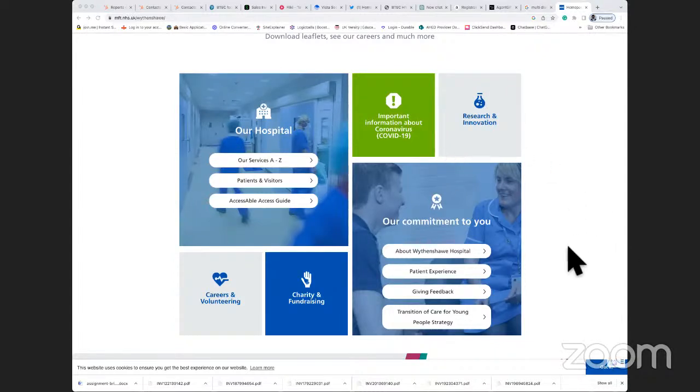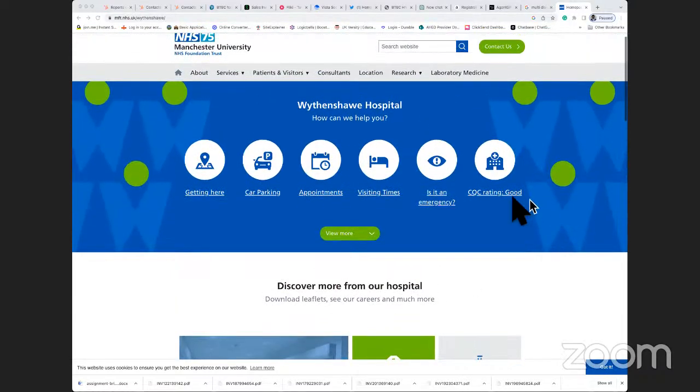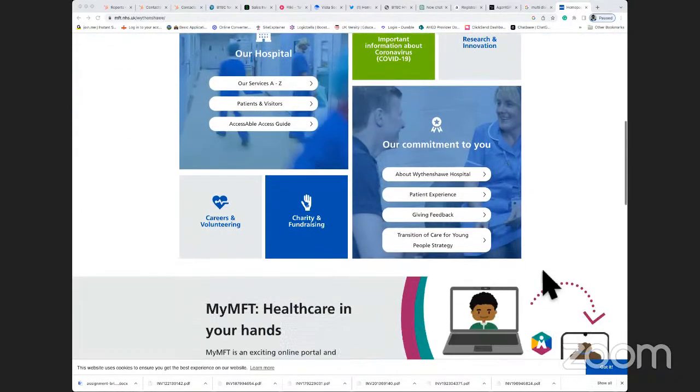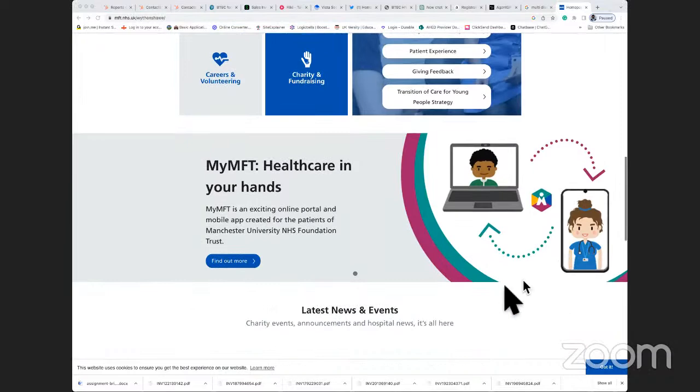So if I just show you the homepage itself, you are able to get a sense of how partnership is working. Research and innovation, you look at volunteering, you look at charity, you look at the hospital itself, the website, and the university. So there are 4 or 5 different organizations that we can see which are already cooperating in some sort of partnership to deliver these services to the members of public.